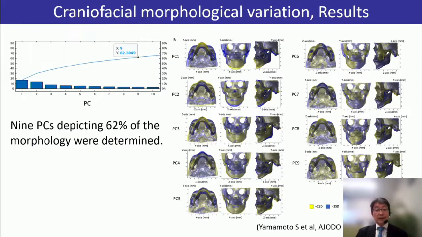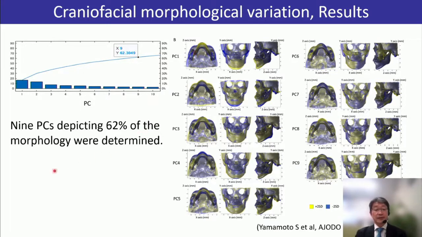And these are the results. We found 9 principal components explained 62% of the morphological variation. The right figure shows the principal components, where yellow is the over-exaggerated image, and blue is the under-exaggerated image, and both images are overlapped.